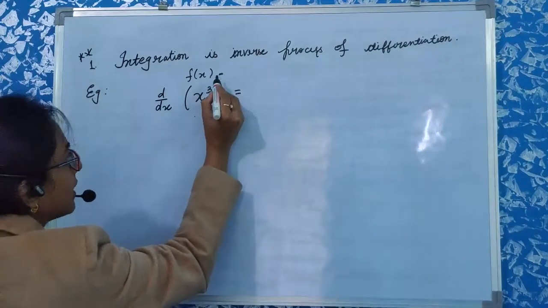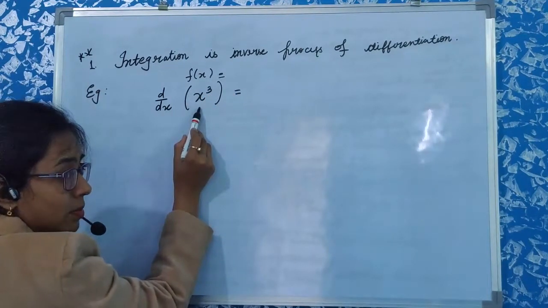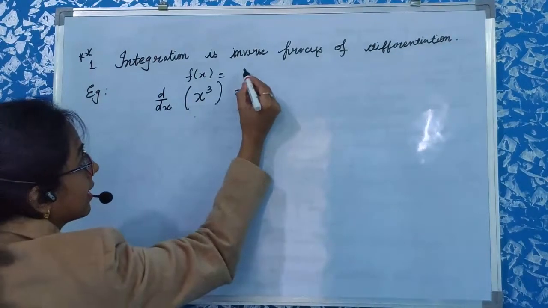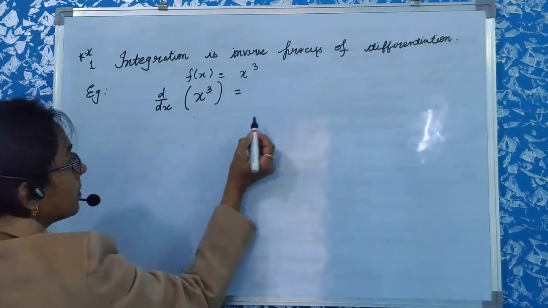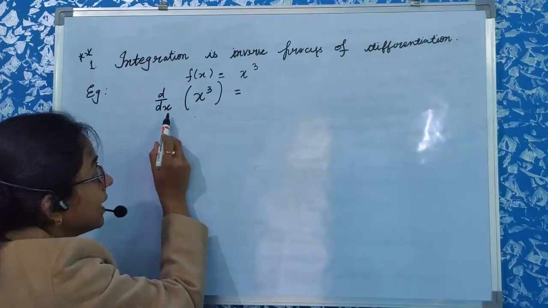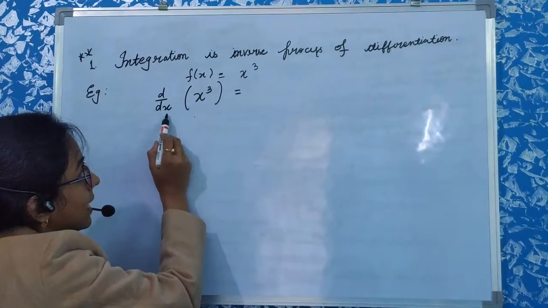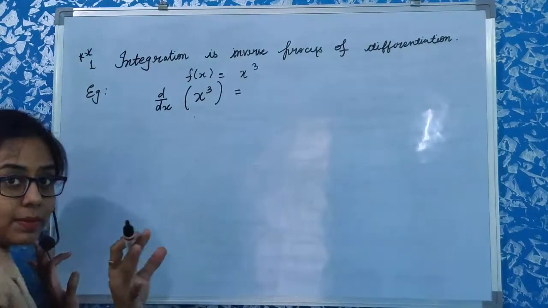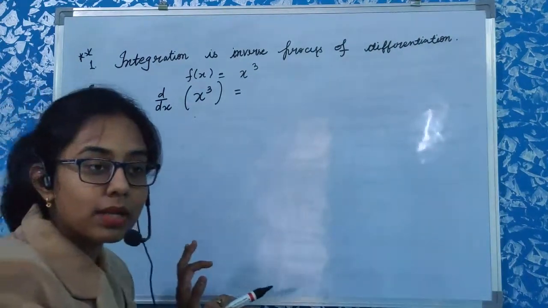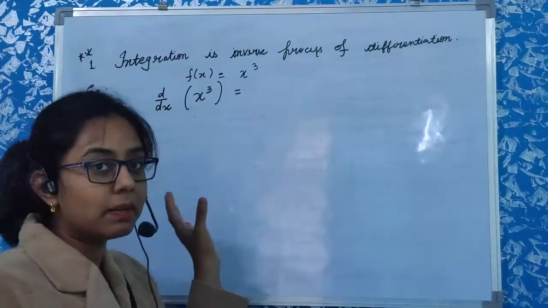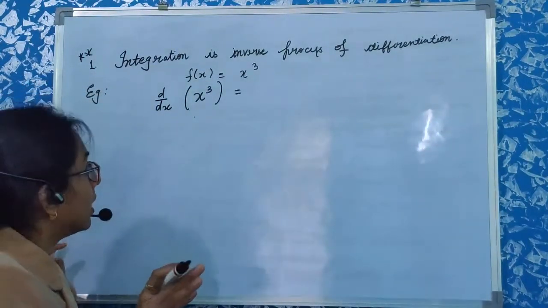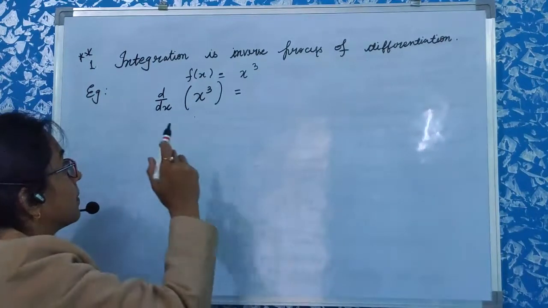Why did I say f of x? Because the function is in terms of one variable, which is x. f of x is x cube. When we are differentiating it with respect to x, that is why I wrote it like this, d by dx. I'm telling you the basics in the starting only. Afterwards, I don't think I'll be covering this many minute details, so please be with me.